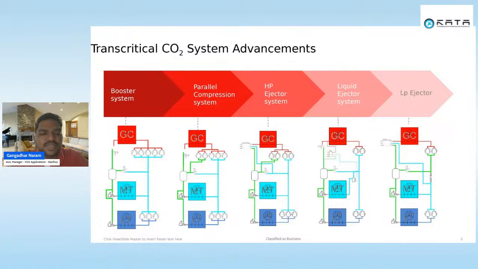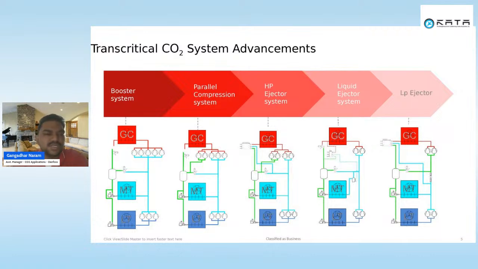So the MT compressor will discharge all this heat to the gas cooler, and the gas cooler outlet, these two are the same. This is the high pressure expansion valve and this is a flash gas bypass valve. So like this, I can give different evaporation temperatures according to the customer requirement.